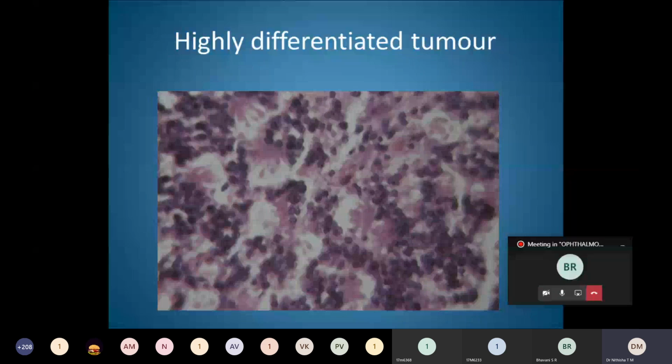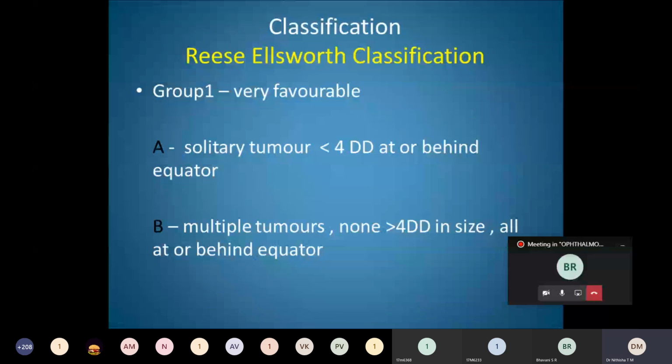What is the classification? Classification is based on the Reese-Ellsworth classification. In group 1, it is a very favorable tumor. Group 1A, there is a solitary tumor less than 4 disc diameter, at the equator or behind the equator.